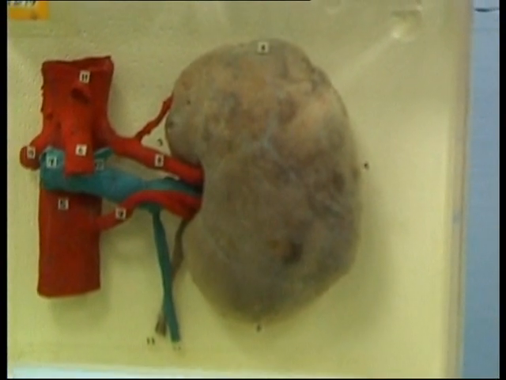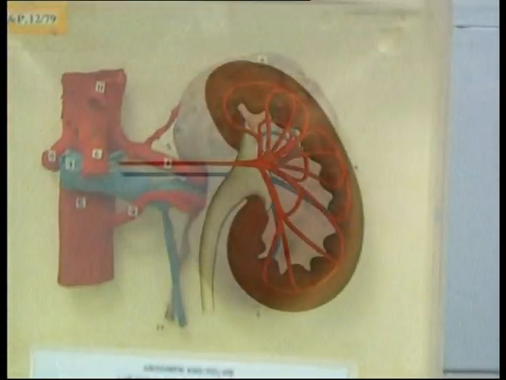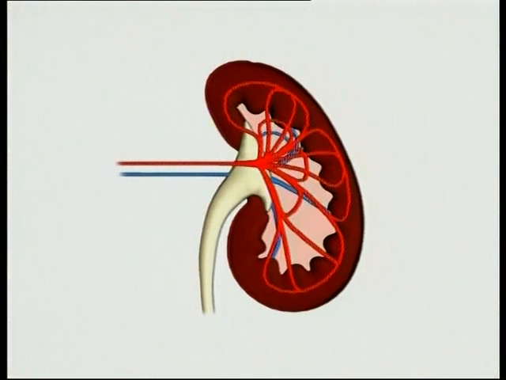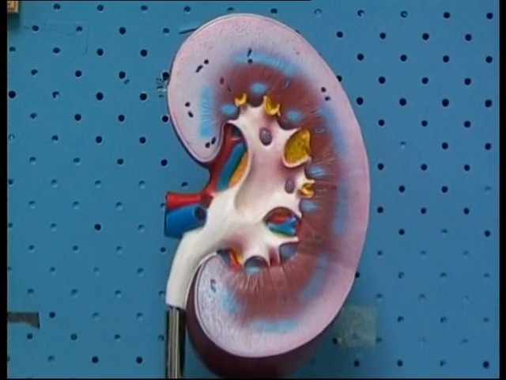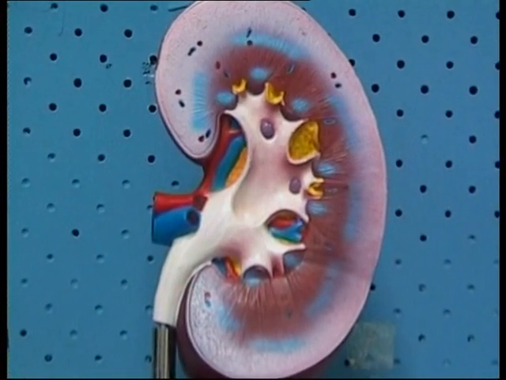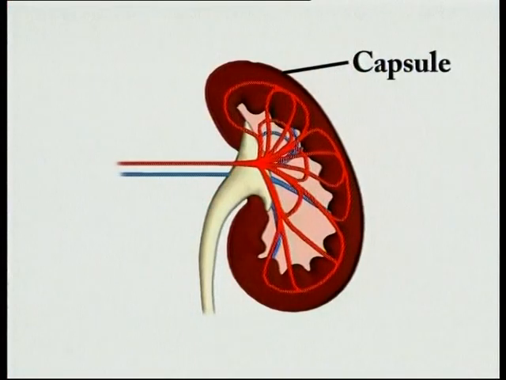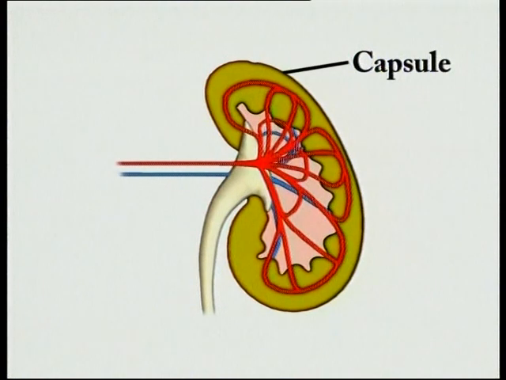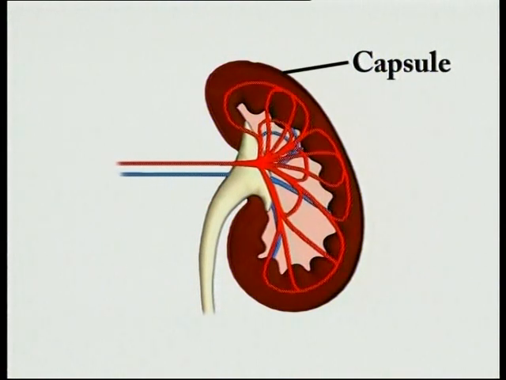The kidney is coated by a transparent and fairly tough outer membrane called the capsule. A longitudinal section of the kidney shows that it can be divided into two parts. First, the outer part of the kidney, which is dark red, is called the cortex.